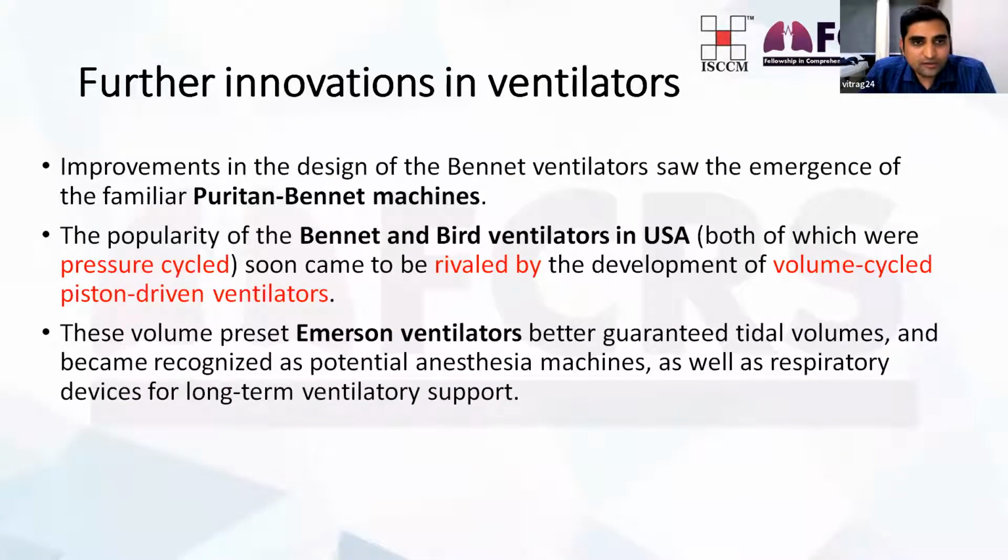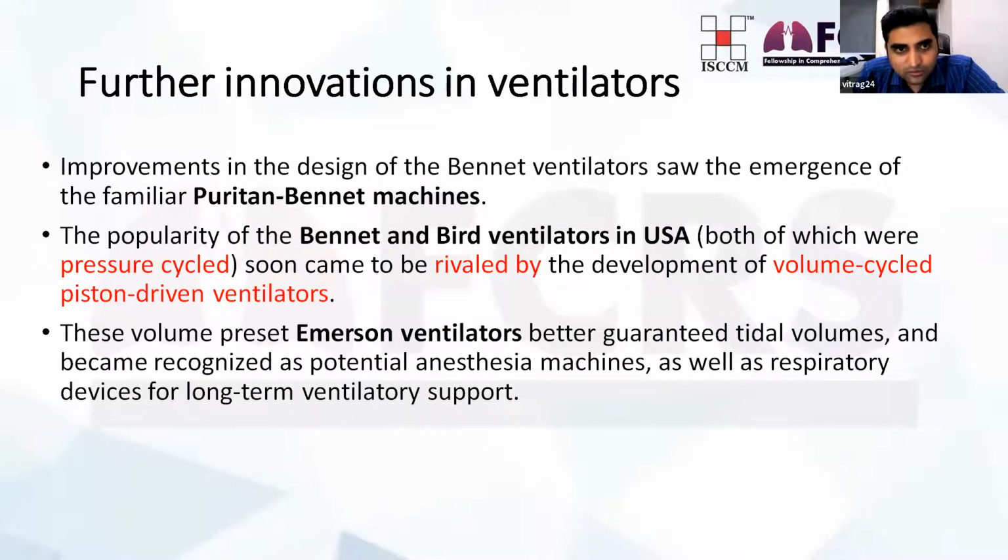Further improvement in the design of Bennett ventilators saw the emergence of the familiar Puritan Bennett machines. The popularity of Bennett and Bird ventilators in the USA soon came to be rivaled by the development of volume cycled, piston driven ventilators, while Bennett and Bird ventilators were pressure cycled. This volume preset ventilator better guaranteed tidal volume and was potentially recognized as an anesthesia machine, as well as a respiratory device for long-term ventilatory support.